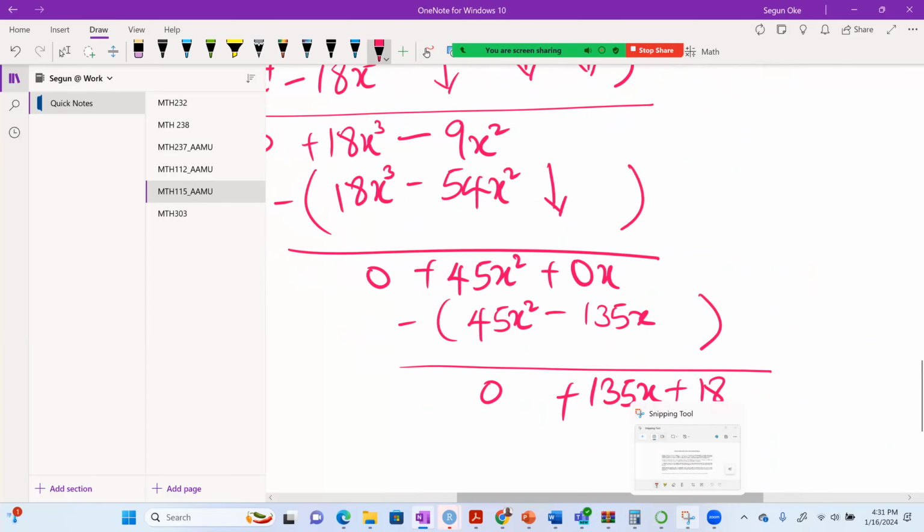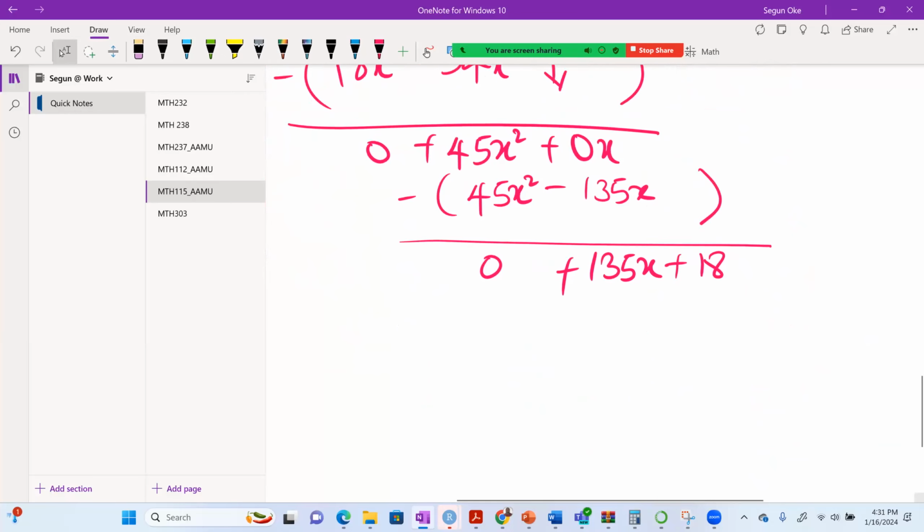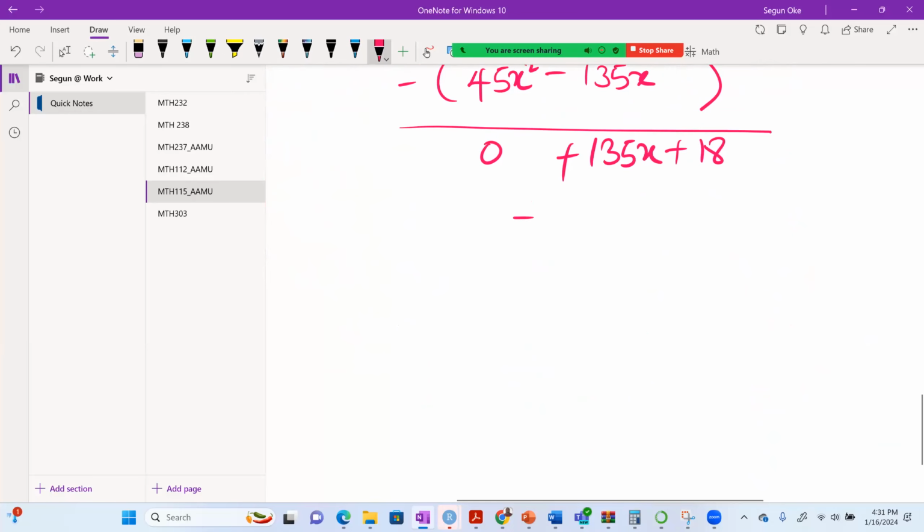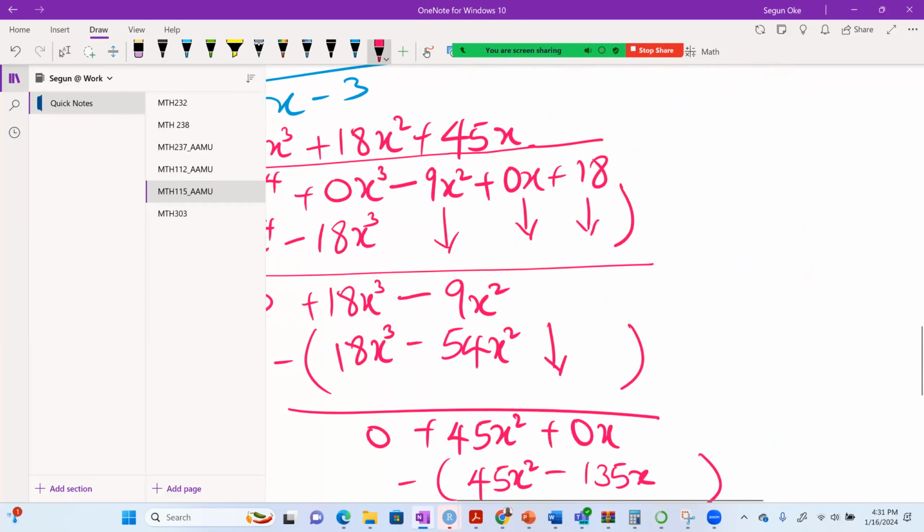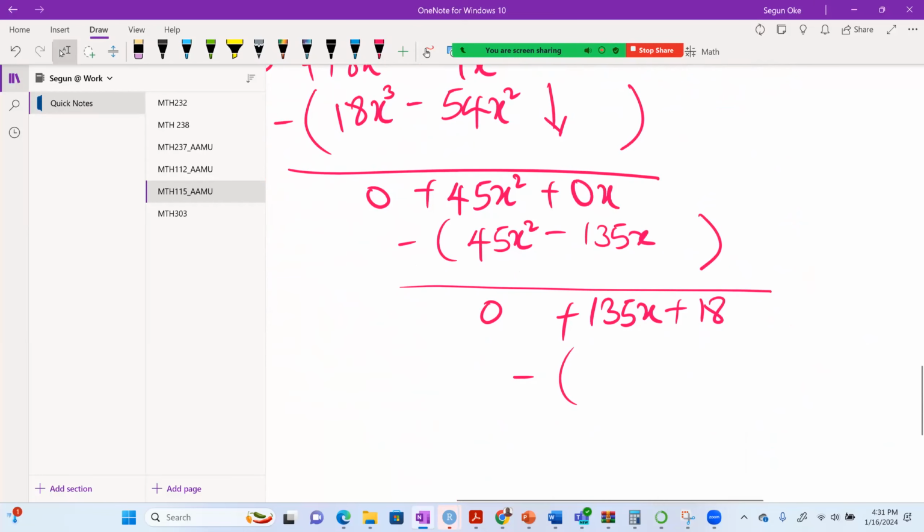When you find x, how many x is in 135x? It will be plus 135.